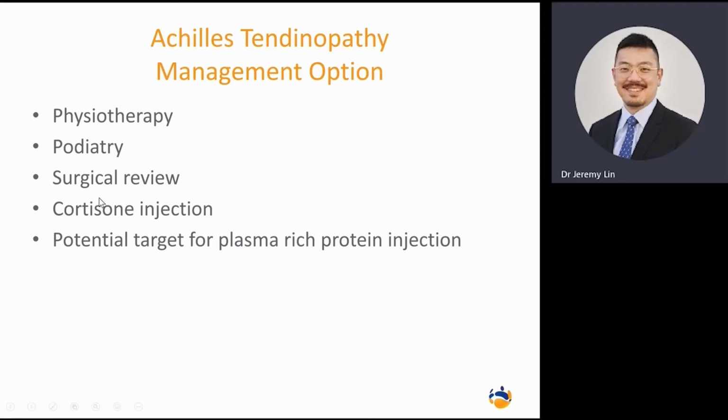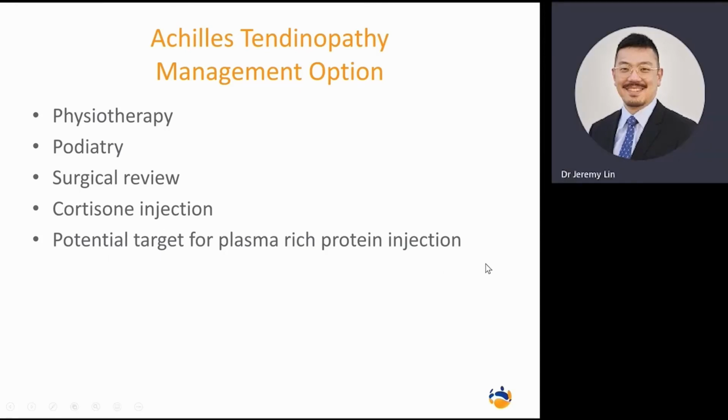And the other thing is, given the fact that cortisone injection can lead to potential rupture, and the fact that with tendinopathy, what you can get is micro tears within the tendon itself that is not always evident on imaging or examination.